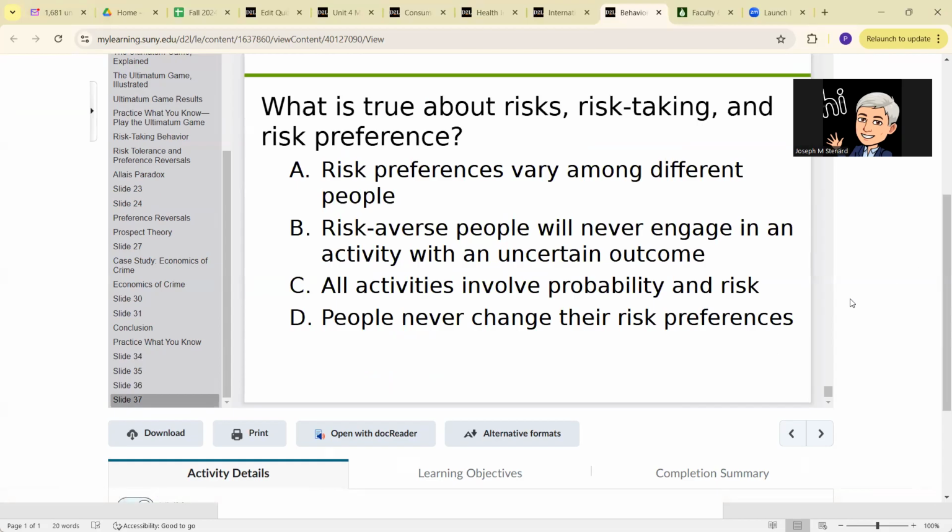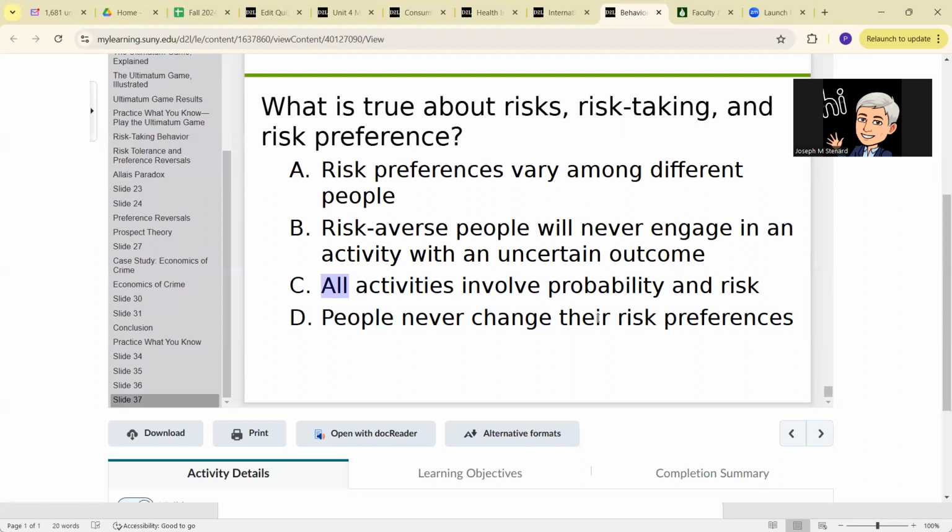So, risk preferences do vary among different people. That's true. Risk averse people will never engage in activity with an uncertain outcome is not true. All activities involve probability and risk. I'd say that's got some truth to it. I'm always wary of anything that has the word all in a multiple choice question. And people never change their risk preferences.